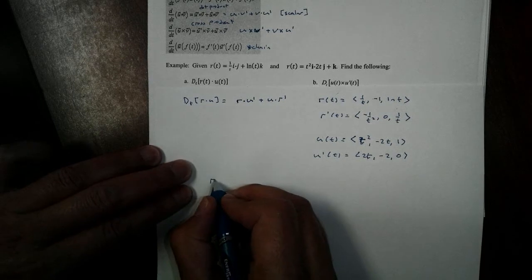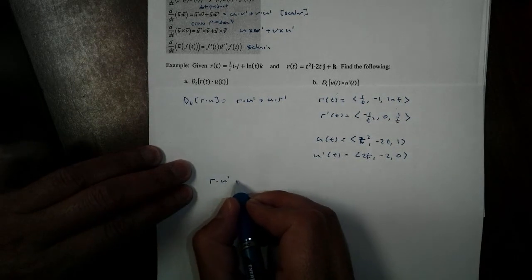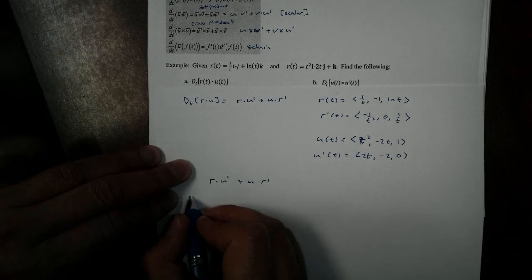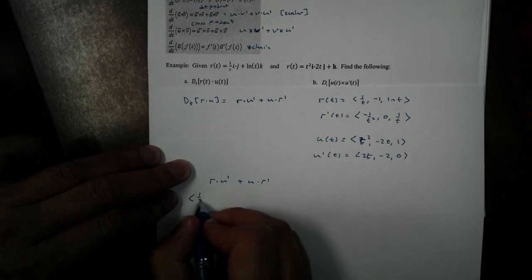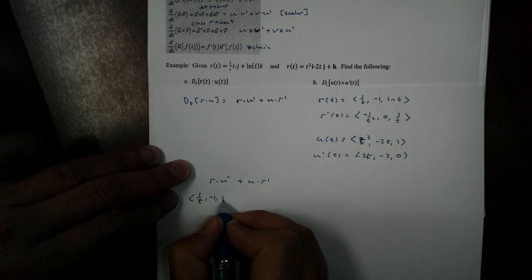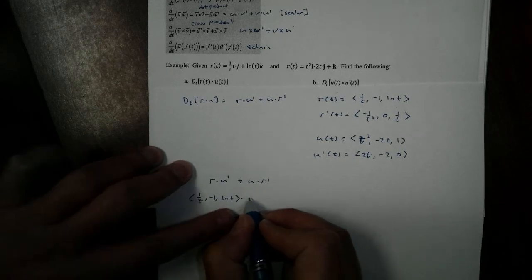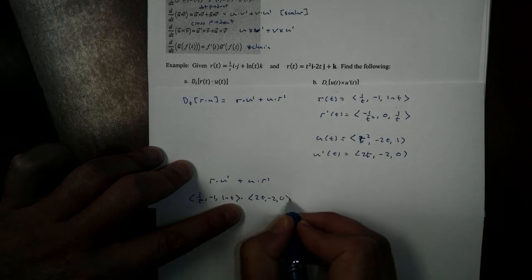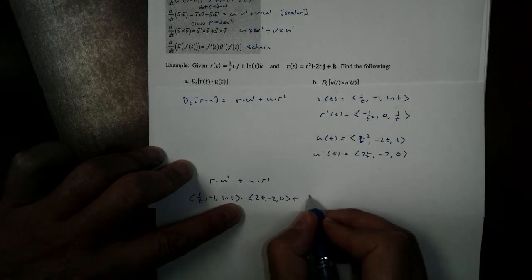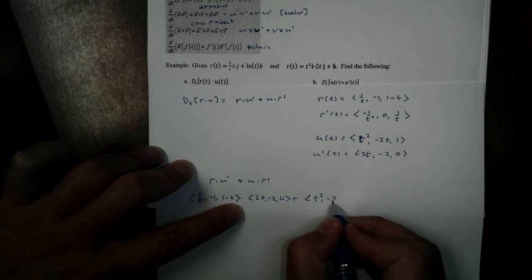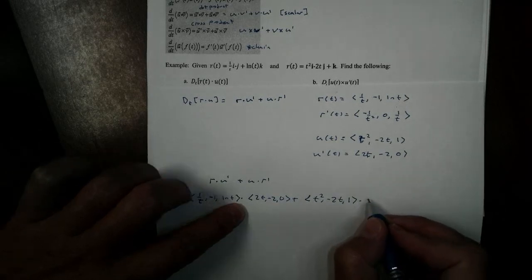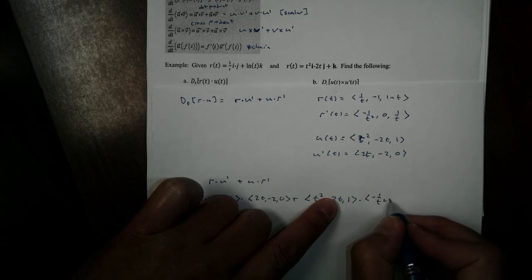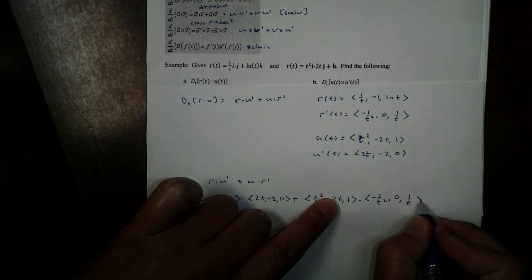Remember, we want r dot u prime plus u dot r prime. So we take r, which is 1 over t, negative 1, natural log of t, dot that with u prime, 2t, negative 2, 0, plus u, which is t squared, negative 2t, 1, dot that with r prime, which was negative 1 over t squared, 0, 1 over t.